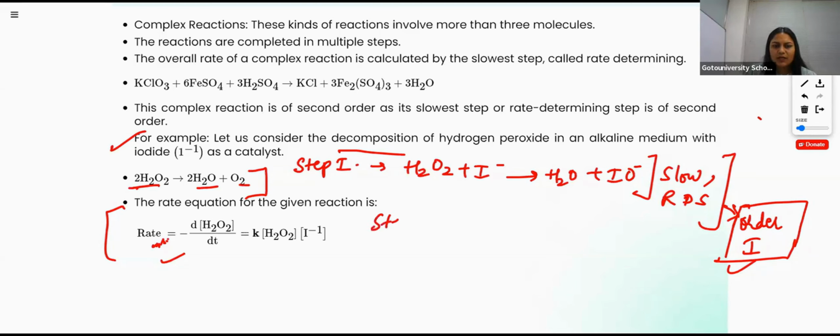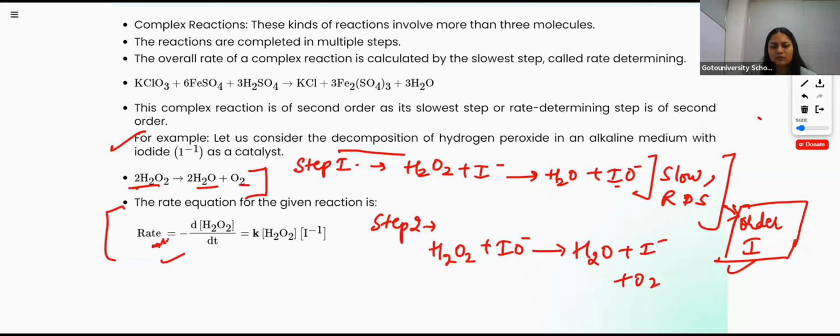Now if we look at step 2 of the same chemical reaction, what is happening here? H2O2, again in the presence of this iodide ion, forms water plus I⁻ plus O2. All right.